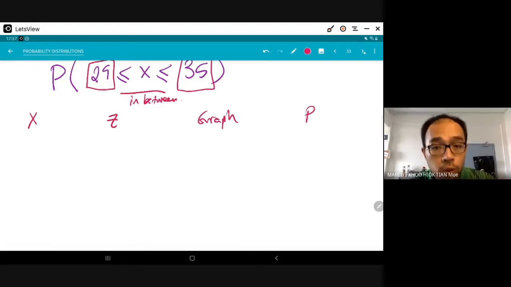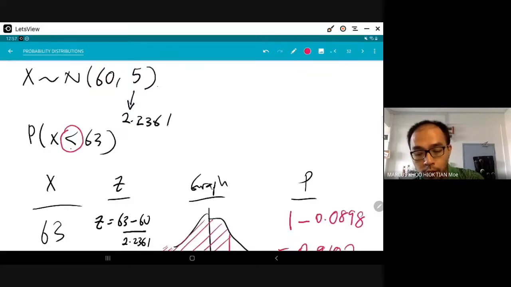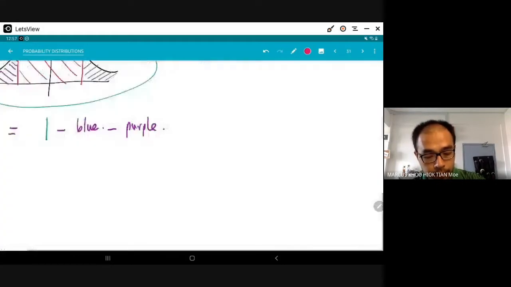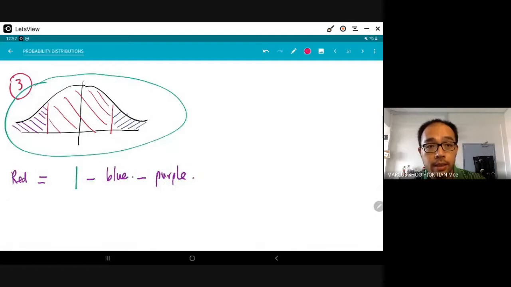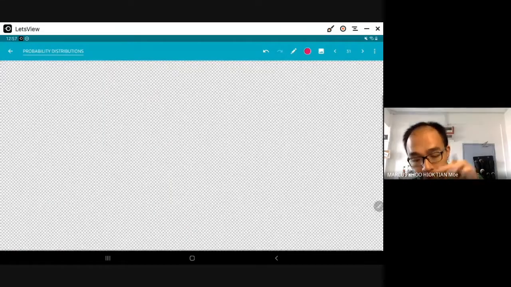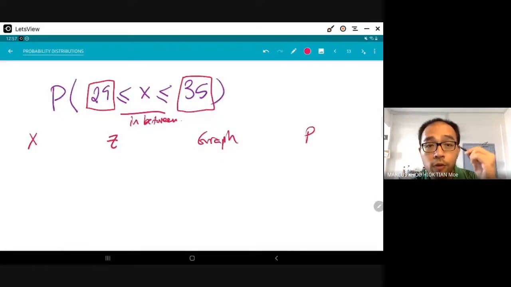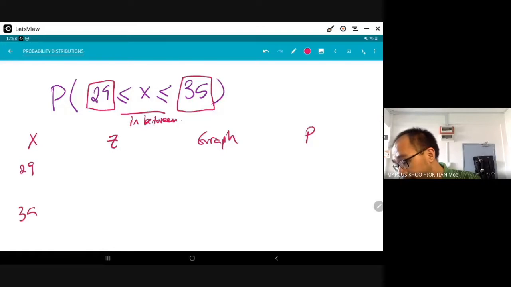Okay, but this is an in-between situation. Like I said lah, in-between situation kan dia punya lukisan adalah macam ni. Okay, like this. Sorry, ignore the purple and the blue, just the red color. Okay, so we want to have that kind of situation. Okay, so I have two values of X, 29 and 35.